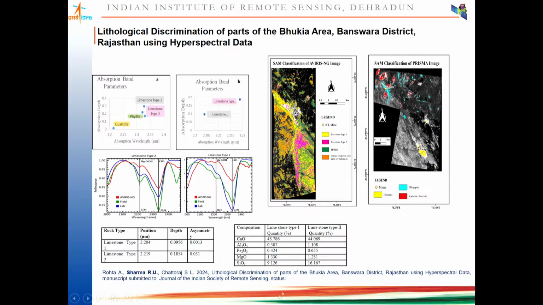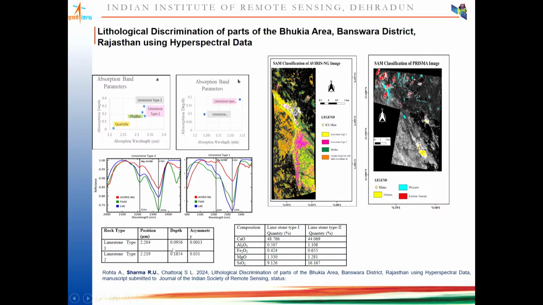If you see the geochemical result also, the percentage of Al2O3 in type 1 is around 0.5, whereas in type 2 it is 1.1. It is almost double. If you measure the depth of the dip here, the depth of type 1 is 0.09, whereas for type 2 it is 0.18.